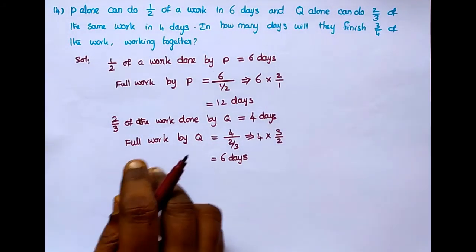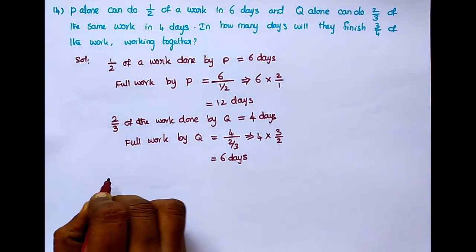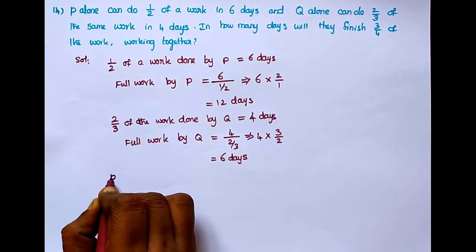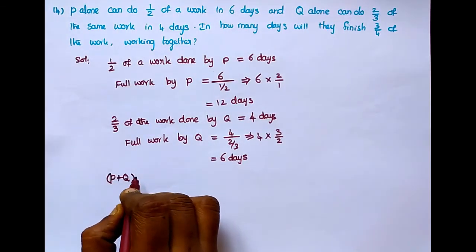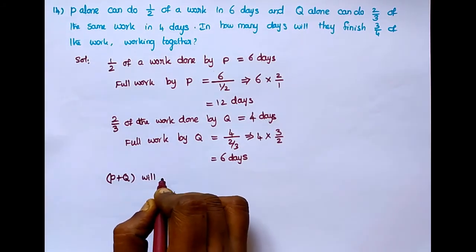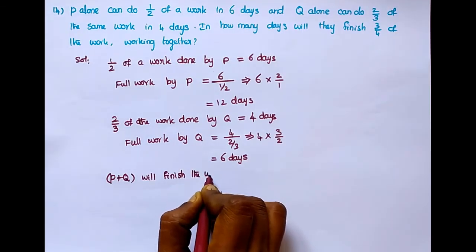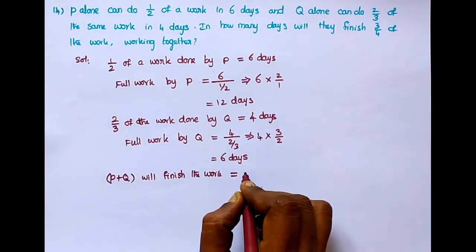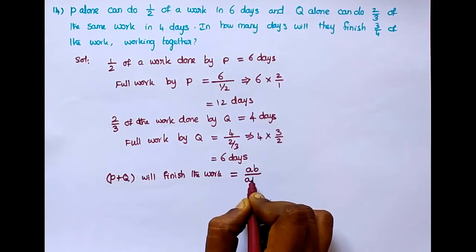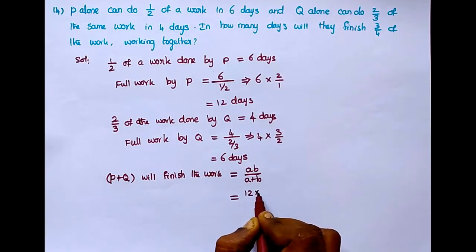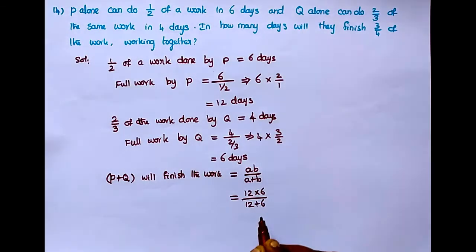Now what do we have to do? Working together means P plus Q will finish the work in how much time? AB by A plus B, that is 12 into 6 divided by 12 plus 6. 12 into 6 divided by 12 plus 6, 18.